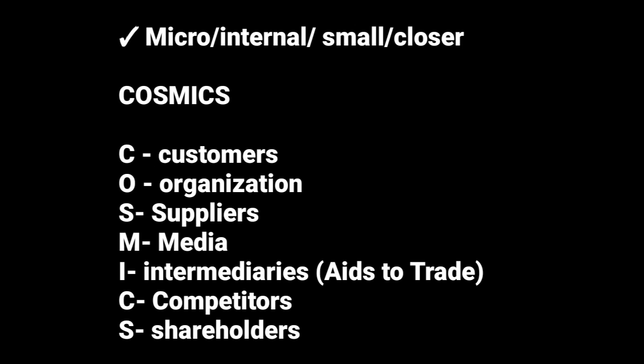Then S is for suppliers. We deal with suppliers on a daily basis. The business has influence over suppliers. It depends on how they are treated. It is what will determine their relationship. Then media: the business has influence over its own media.